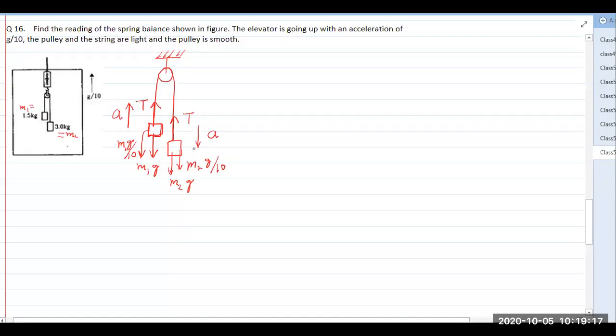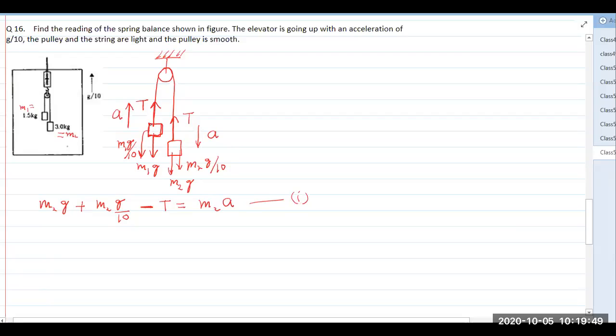For the object going down, we write m2g down plus m2g by 10 down, minus tension, equal to m2a. So this is equation 1.